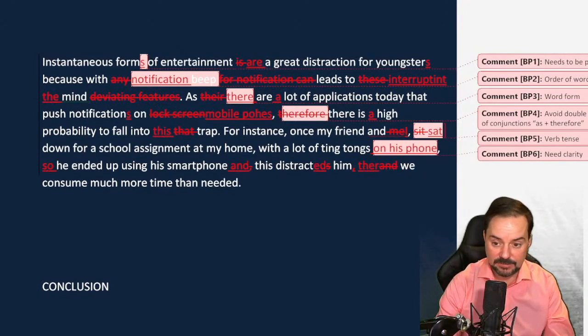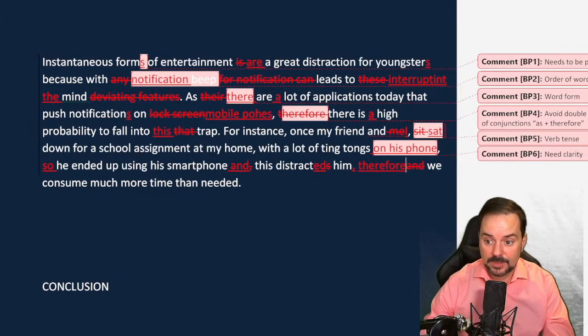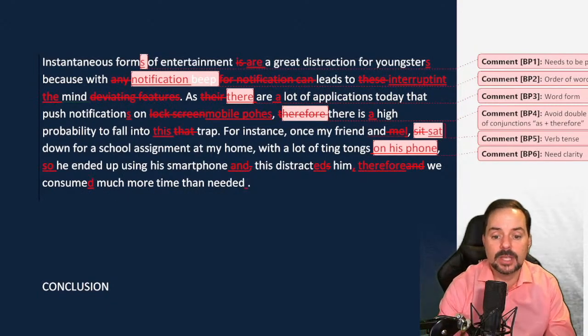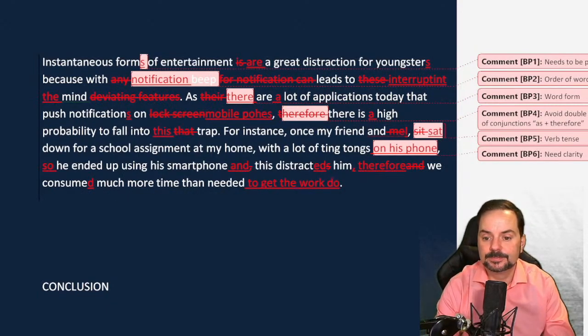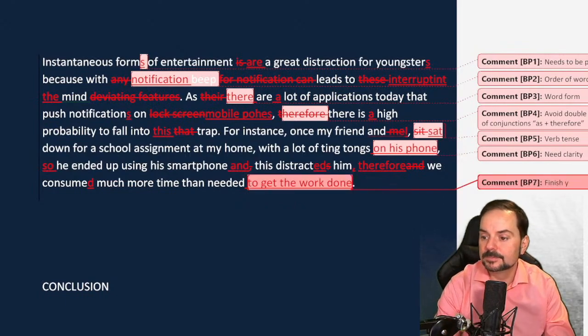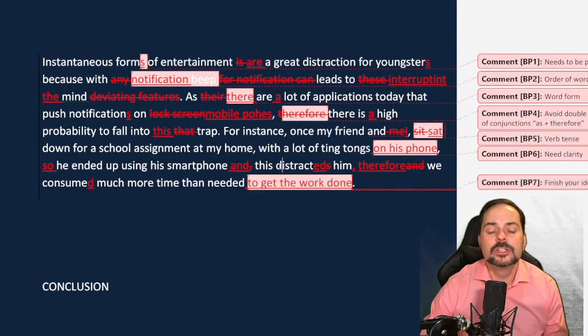This is where you can use therefore. Therefore, we consumed much more time than needed to get the work done. Okay, finish your sentence here. Okay, so that's all the mistakes.